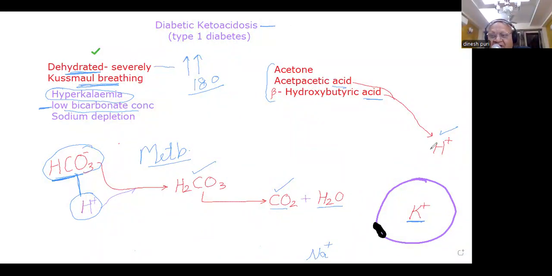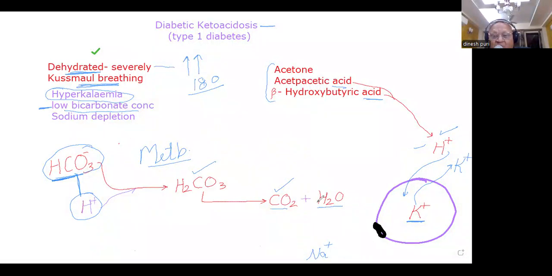We also had seen that there is abundance of H plus. Increased concentration of H plus will move into the cell and displace the intracellular potassium. Simply stated, electroneutrality will be maintained, H plus going in and K plus moves out. As a result, potassium concentration in the blood will rise.